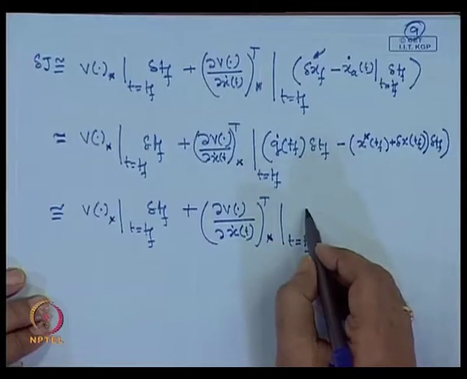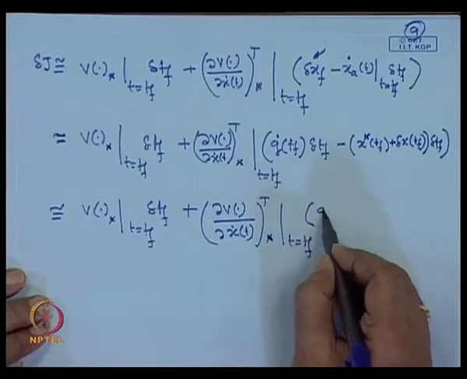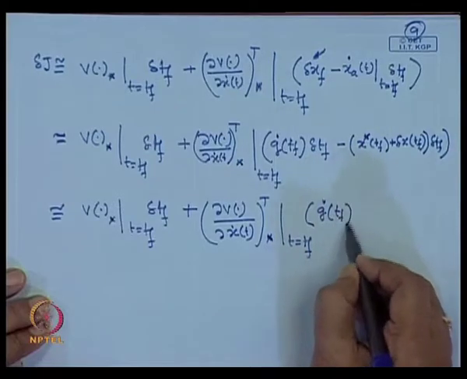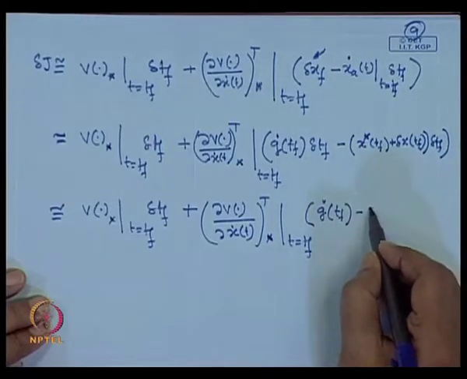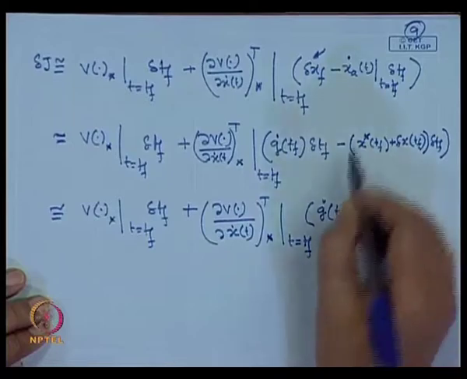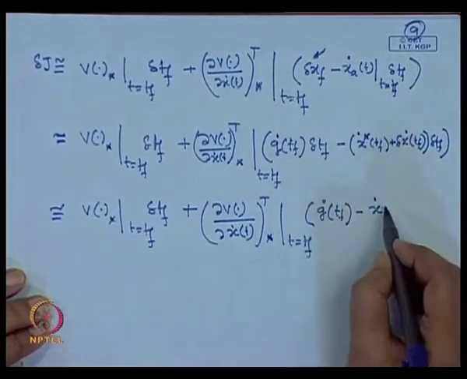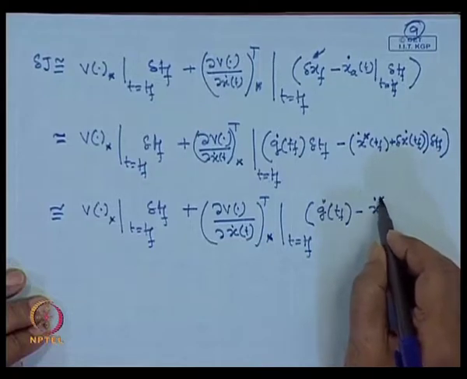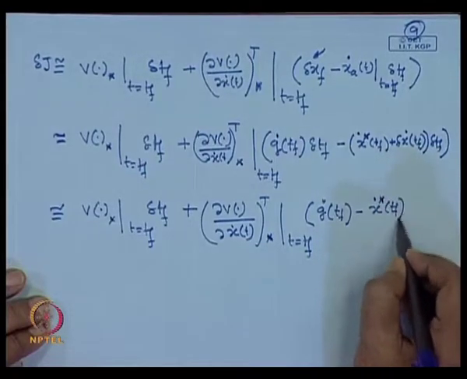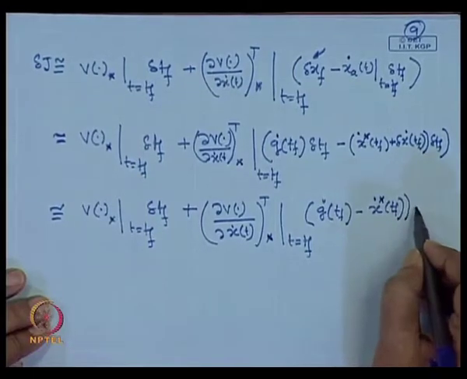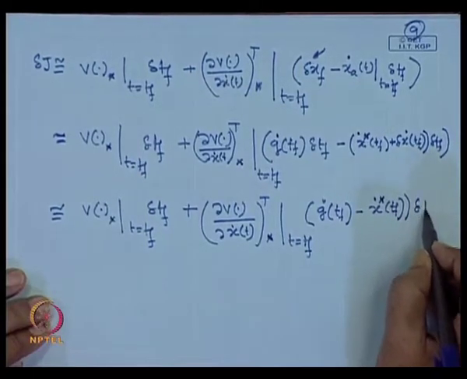Then you can write g dot T f minus x dot, because it is x a dot, so dot star T f, agree, this one into delta T f.